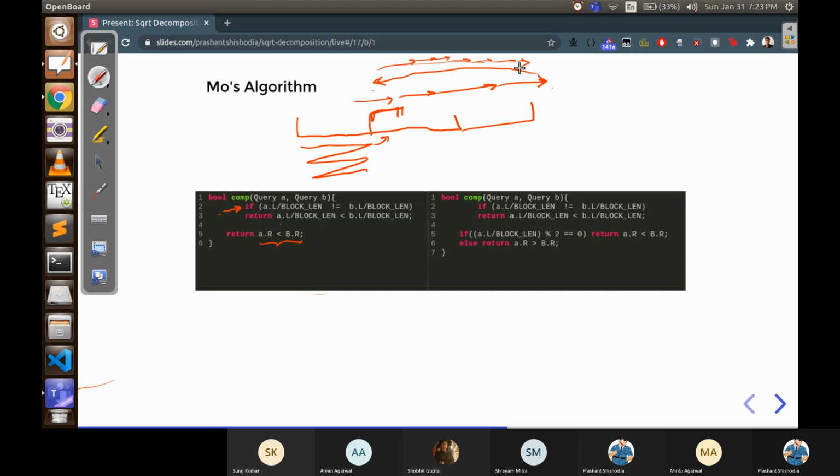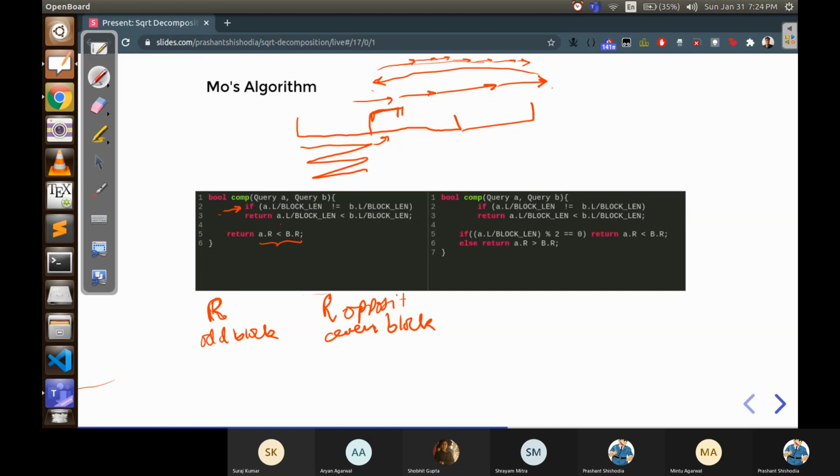So if we just tweak this algorithm a little, and sort by the right endpoint for odd blocks, and sort by right endpoint in the opposite order for even blocks, then the scenario would be different.